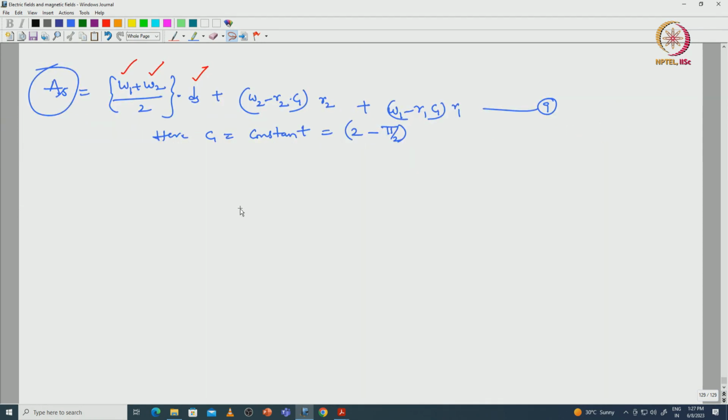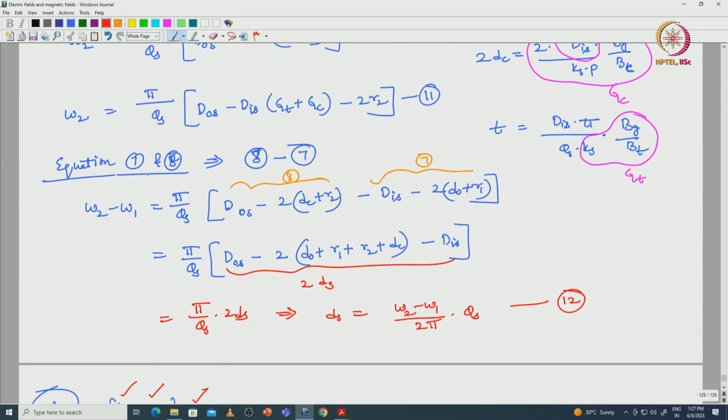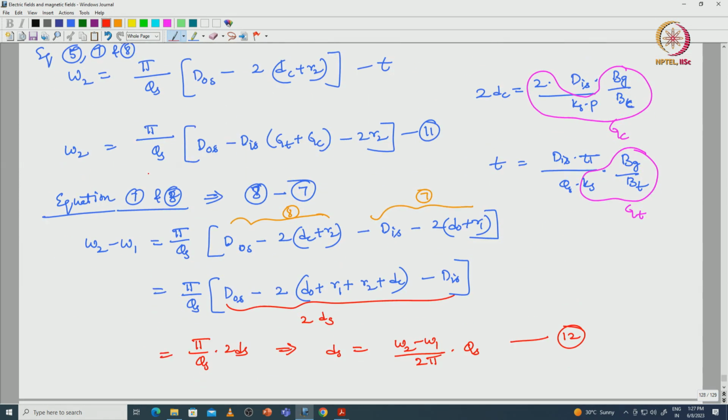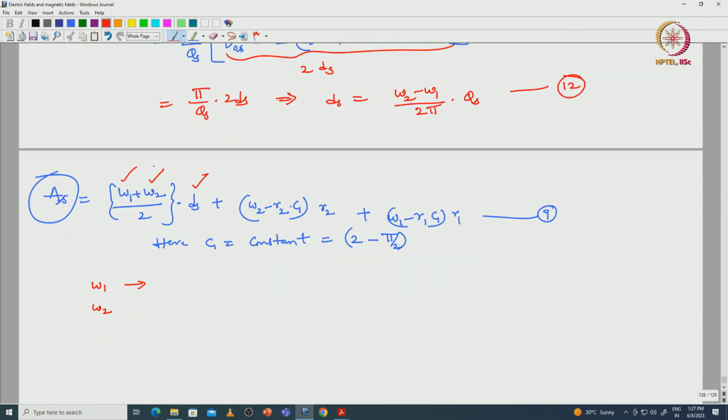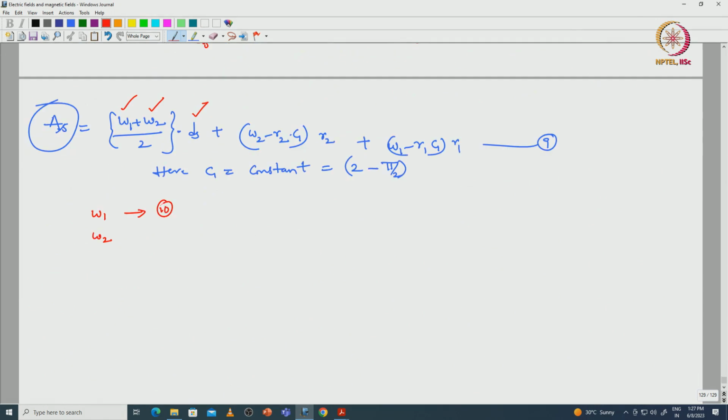Here W1 we know, W2 we know: W1 is nothing but equation number 10 and W2 is nothing but equation number 11 and ds is nothing but equation number 12.